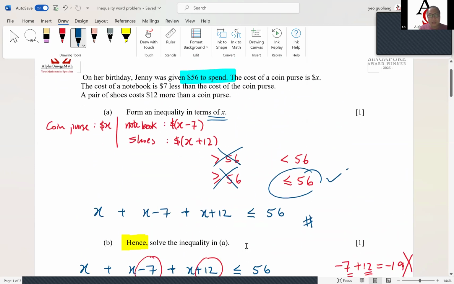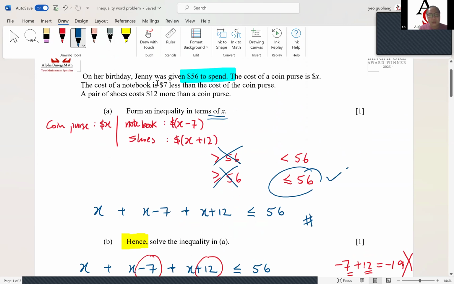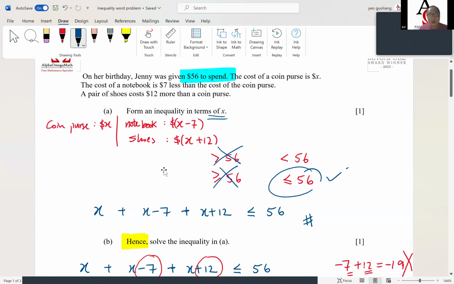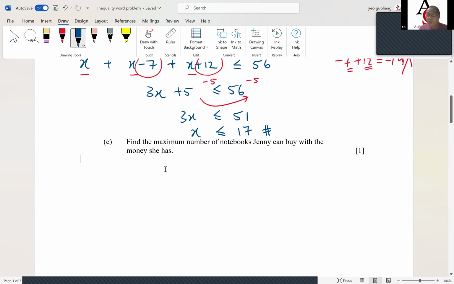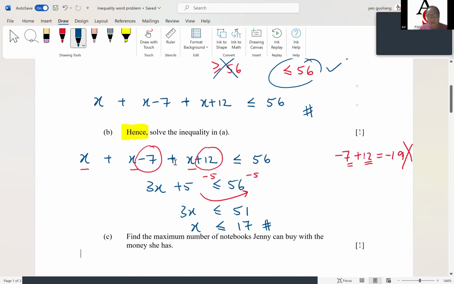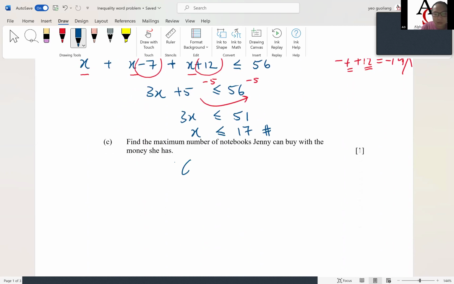So what is the maximum number of notebooks? The cost of notebooks is $7 less than the cost of the purse. So in this case, what is the cost of the notebook? Let's work it out. Earlier on, we found that the cost of the notebook is X minus 7, right? So we know that X is 17, minus 7, so that's $10.